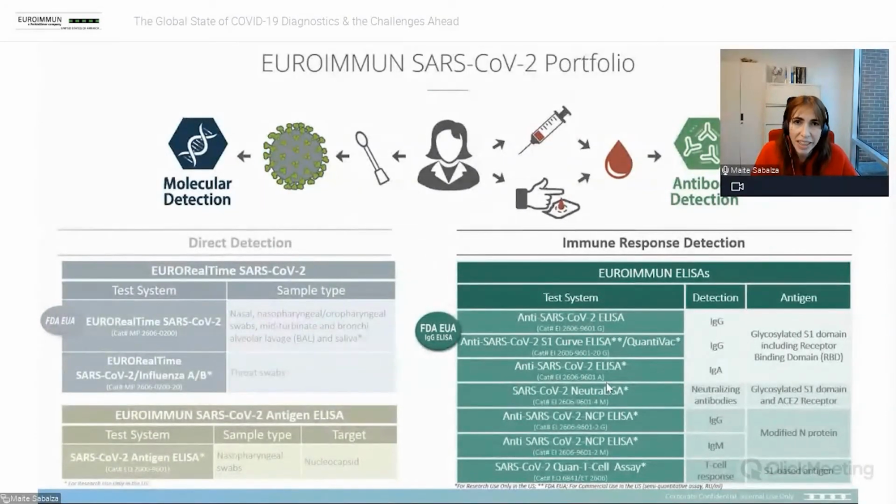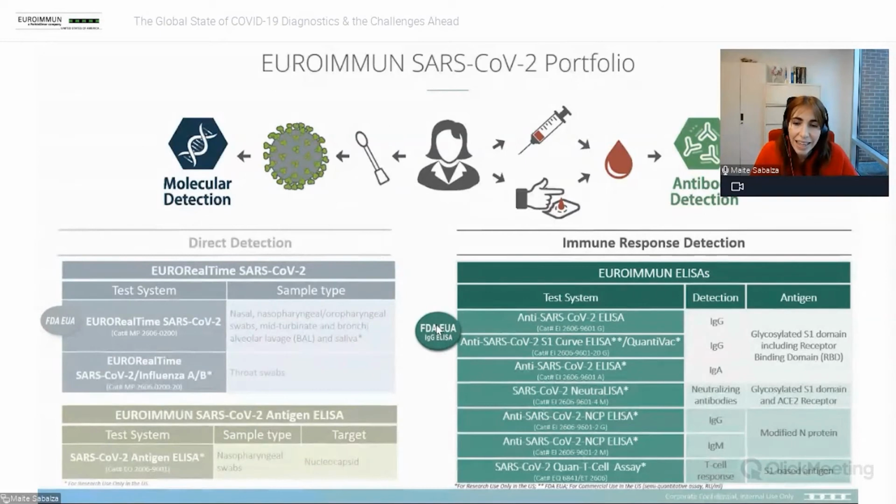As we have people in the audience from the US as well as other parts of the world, I would like to clarify that the anti-SARS-CoV-2 S1 curve ELISA is the same as Quantivac, but in the US we changed the name because it was a requirement by the FDA when we received the EUA.